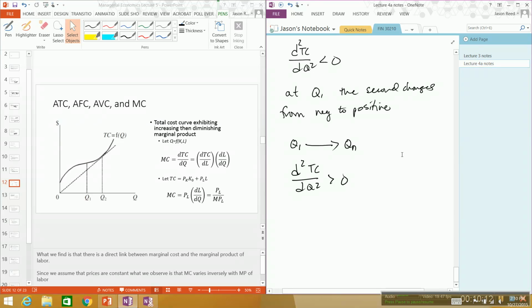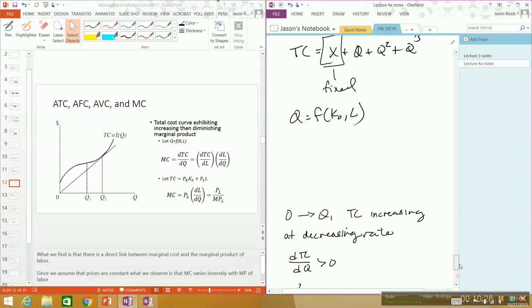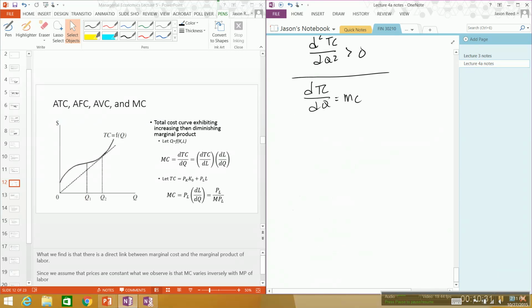So if we were to start looking at Q1 and Q2 and what that means to us, we know that the first derivative, dTC/dQ, is our marginal cost. So how do we interpret this marginal cost? What is the slope of marginal cost? Well, the slope of marginal cost is d marginal cost/dQ, which is the second derivative of our total cost function.